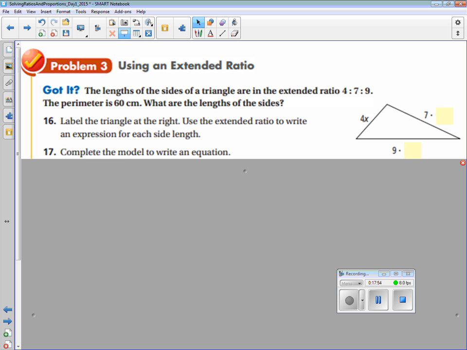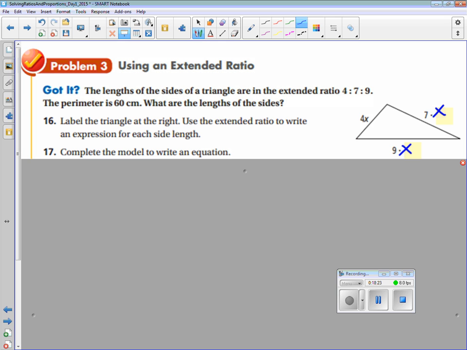Side length is not 7. It's 7 times something. They've all been reduced by a certain factor. Okay? We call that a scale factor. So we don't know what that number is, so we're just going to call it x right now. Okay? I'm not sure what it is. But I know that the reduced ratio is 4 to 7 to 9. That's where the 4x, 7x, and 9x came from, because we were given that reduced ratio.